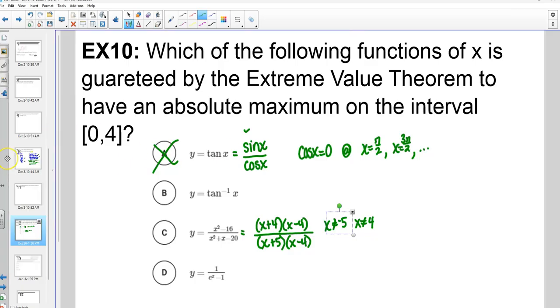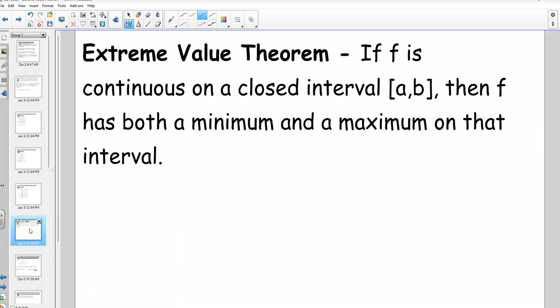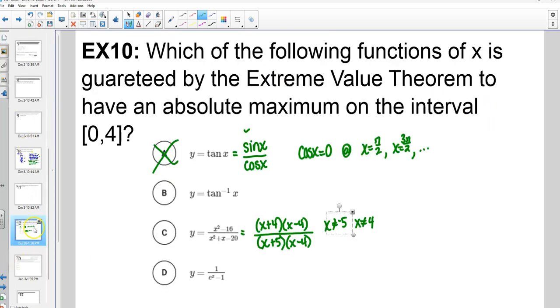If we flip back up here just for some reassurance, it says if f is continuous on a closed interval from a to b, so it has to be continuous even at the endpoints. Is this one going to be continuous at the endpoint? No. If it was just that -5, we'd be okay, because it's not on the interval, but the 4 is the problem here.